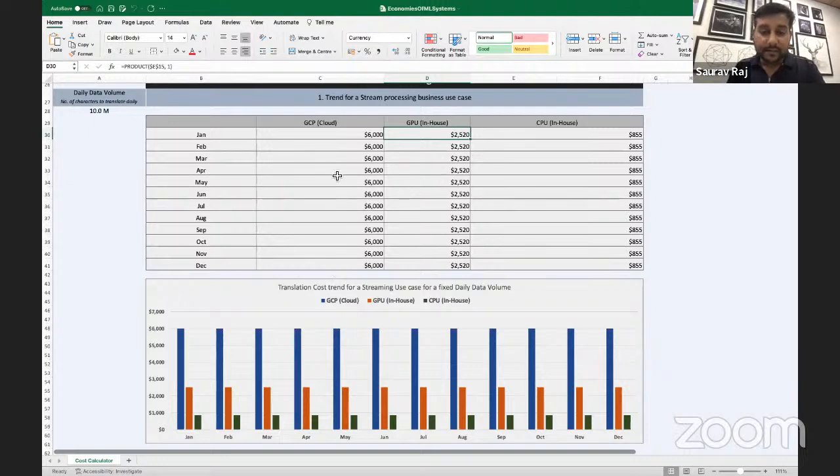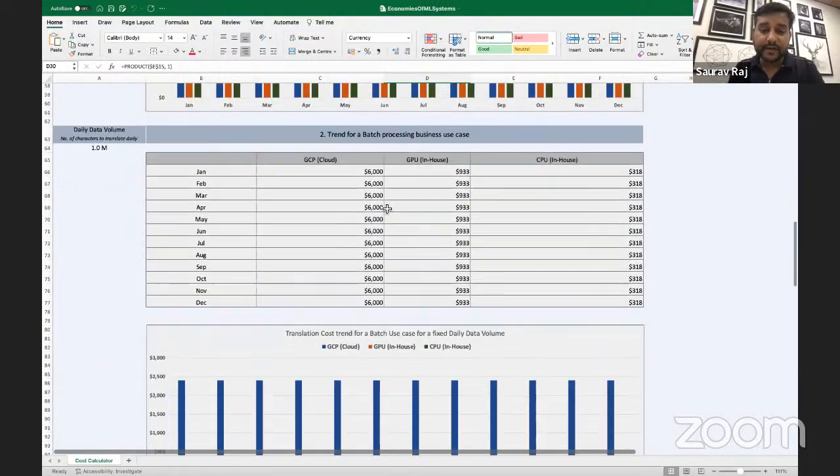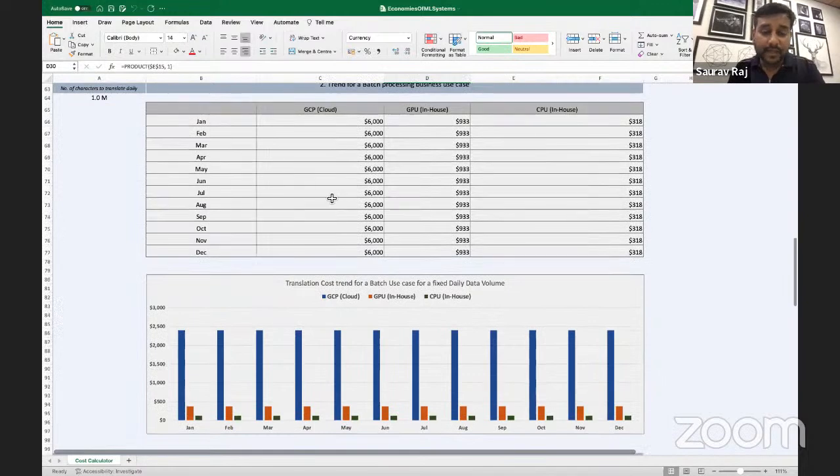So these numbers are for a streaming use case. Even for a batch use case, we see the similar trend. If the volume is on the higher side, you are going to save even more when the solution is running in-house. In fact, for a batch use case from the very beginning, it is always profitable that you build the solution in-house because your compute instances will be running only for a limited amount of time.